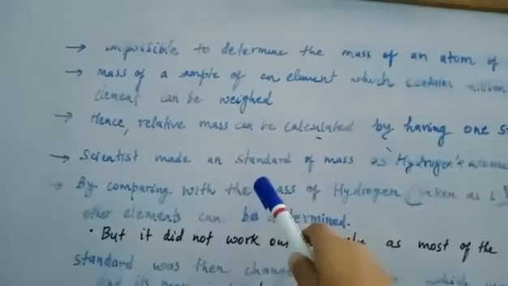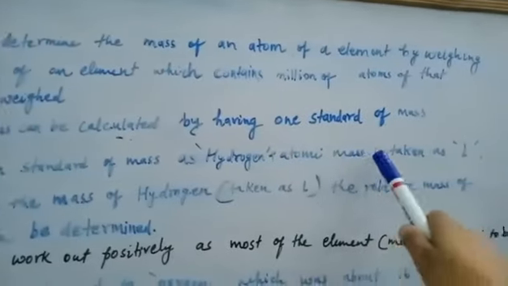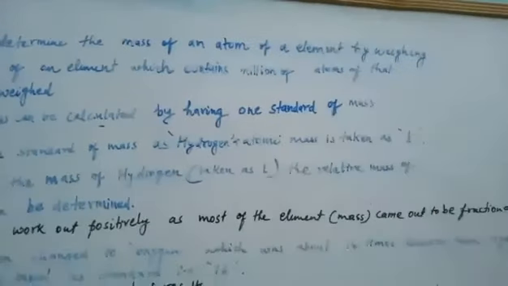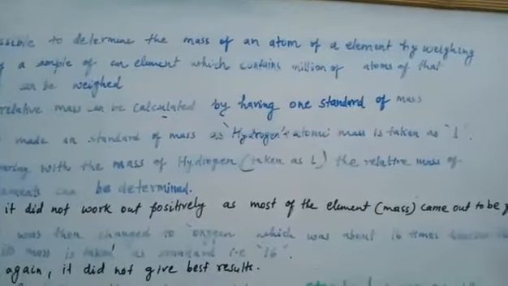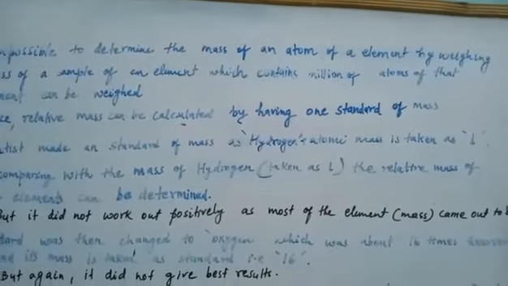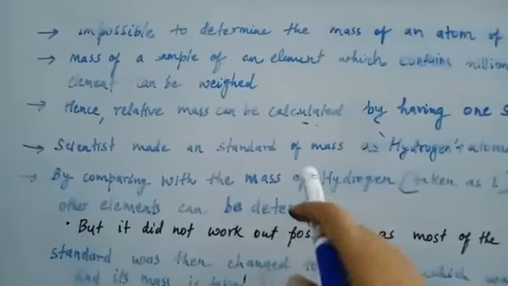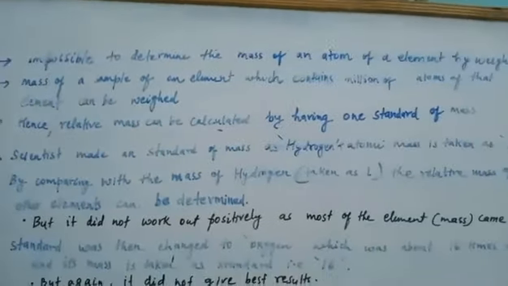So they made a standard of mass as hydrogen, and the mass was taken as 1. Because hydrogen is the simplest or the lightest element of all the elements, they chose to make the standard of mass as hydrogen 1.